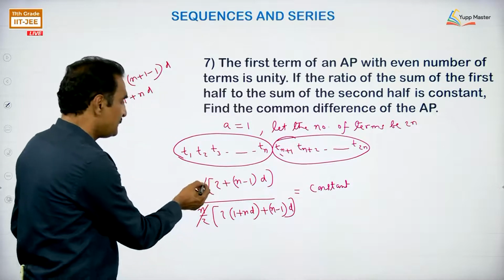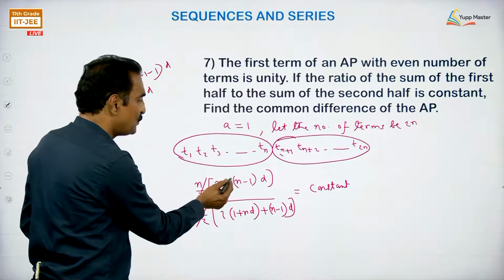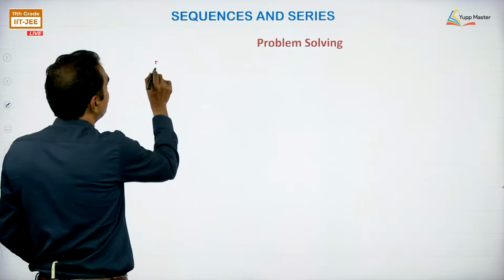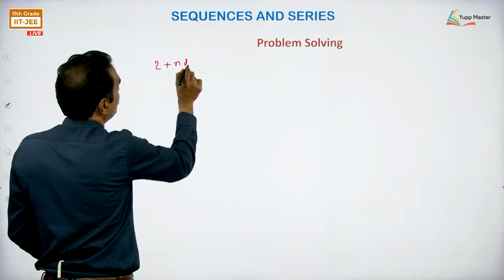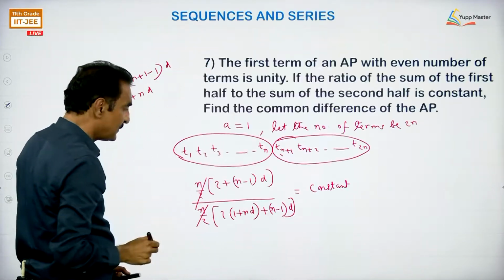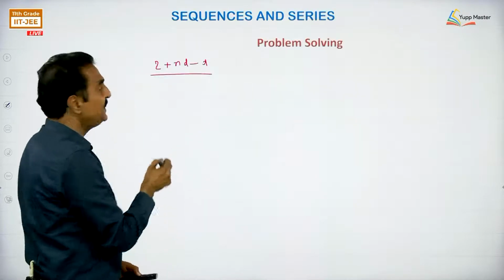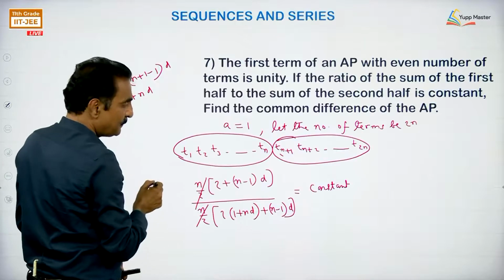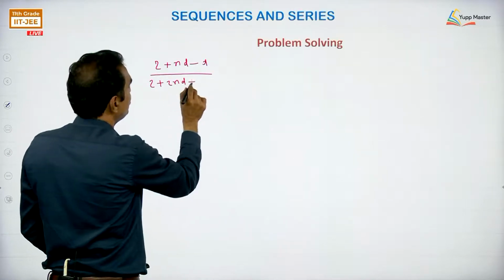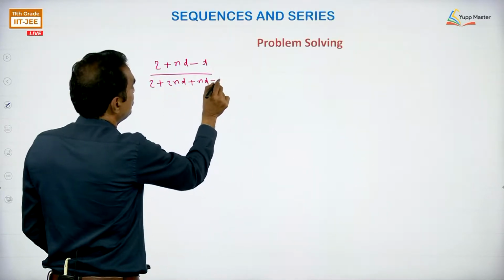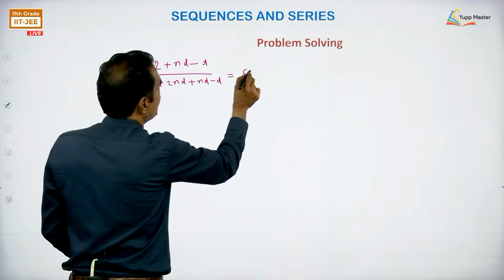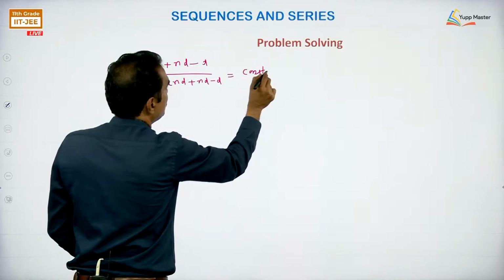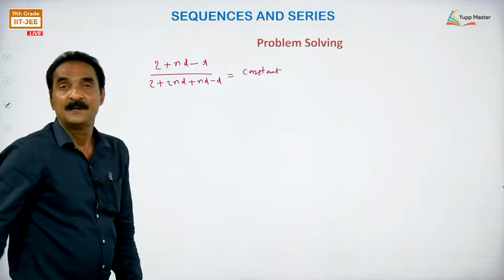What is the numerator? We can write this as 2 plus nd minus d by denominator 2 plus 2nd plus nd minus d is constant.